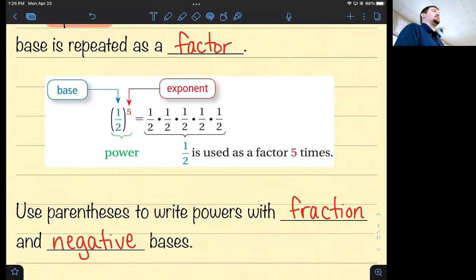That's why they put the parentheses around the 1/2. That shows you the 1/2 entirely is being repeated 5 times, not just the numerator. Because obviously when you put the exponent up there, it could look just like the numerator is being repeated. Okay, so the entire fraction is.